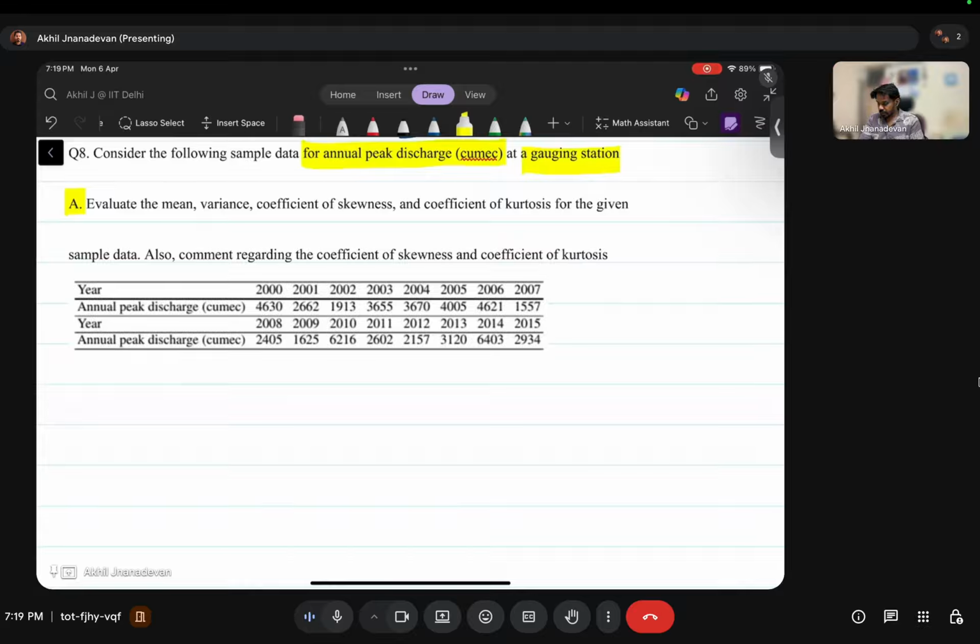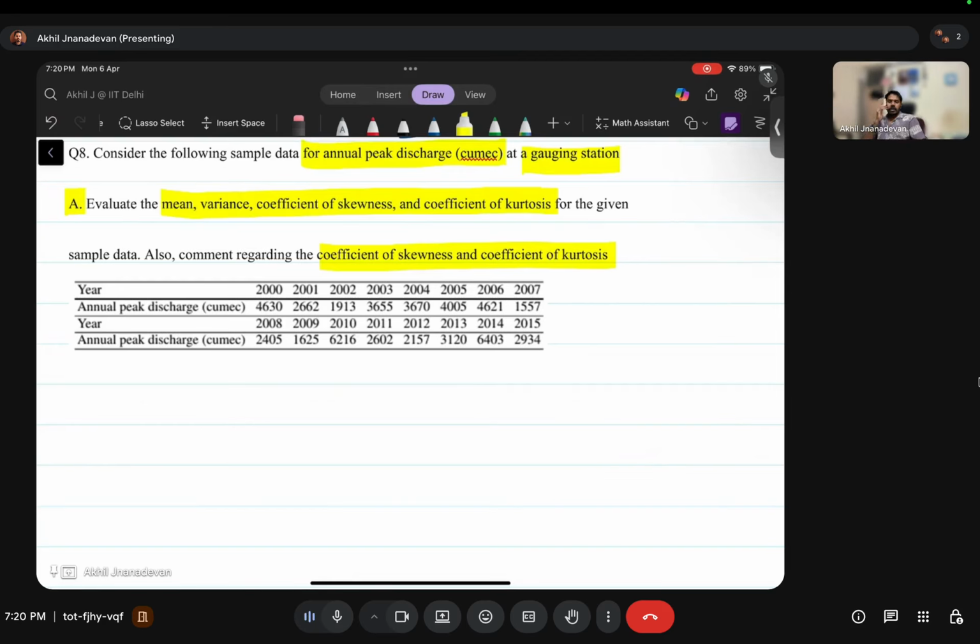Evaluate the mean, variance, coefficient of skewness, and coefficient of kurtosis. So these are the things we need to evaluate for the given sample. Also comment regarding the skewness and kurtosis.